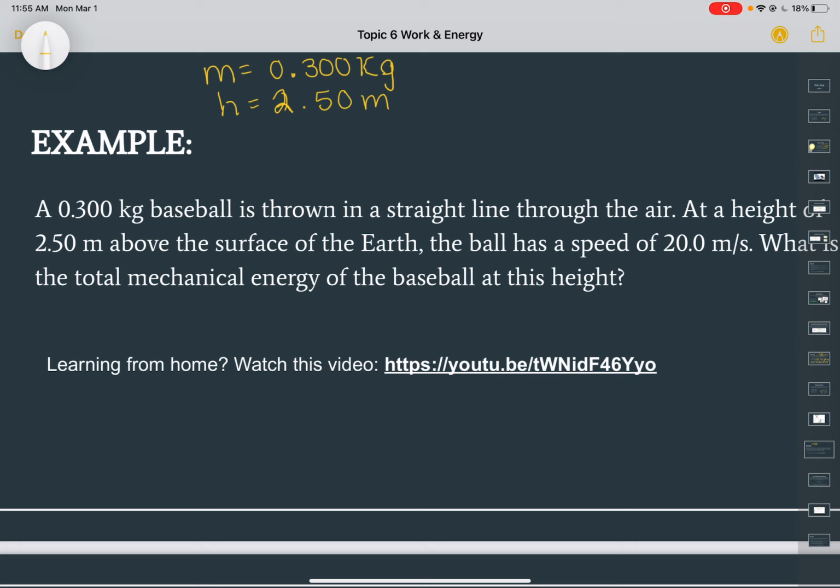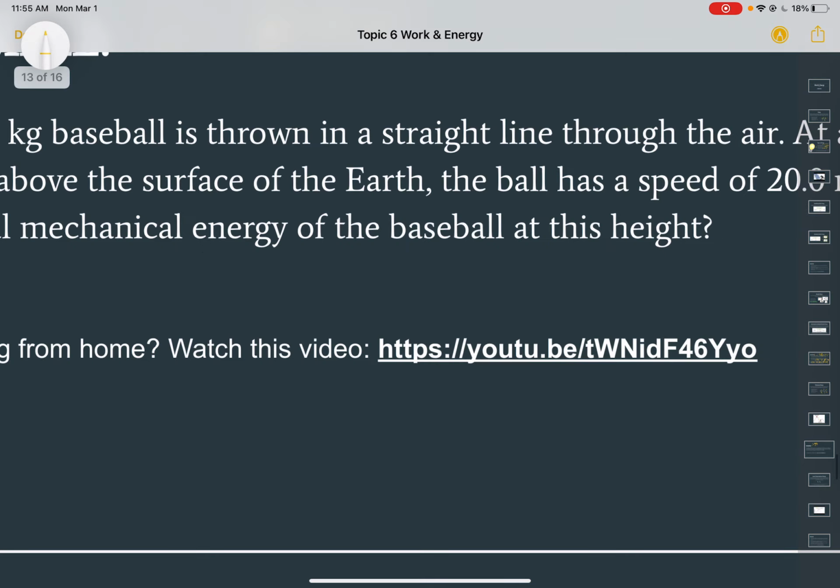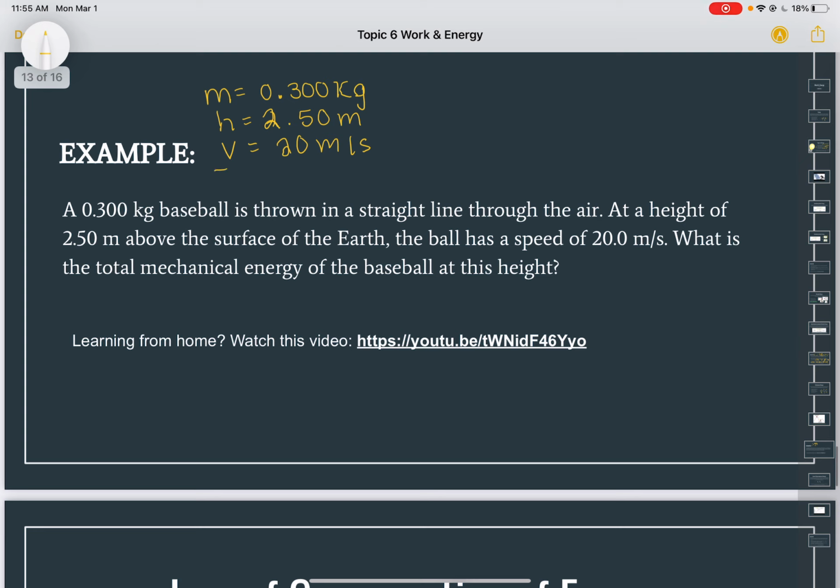The ball has a speed of 20 meters per second. So a speed would be a velocity. What is the total mechanical energy of the baseball at this height?